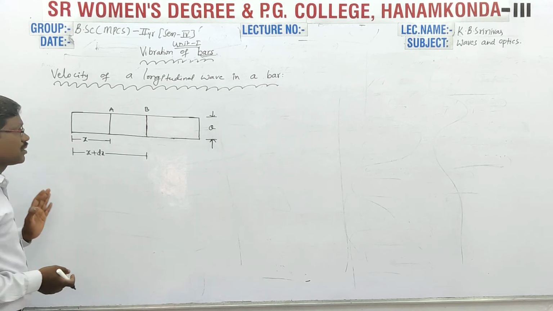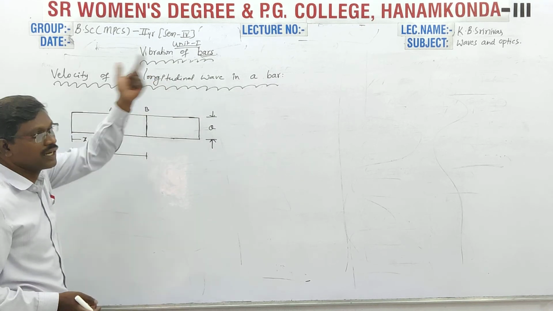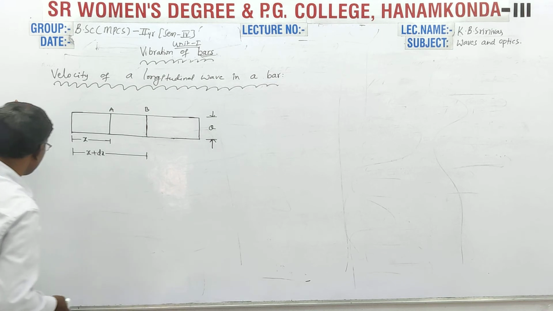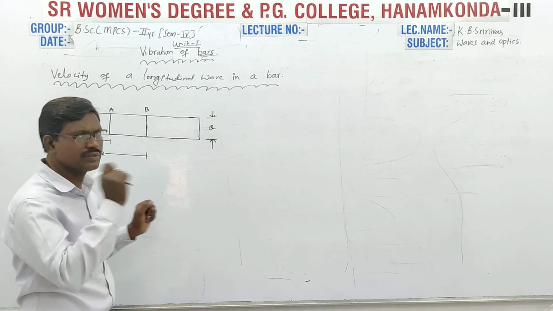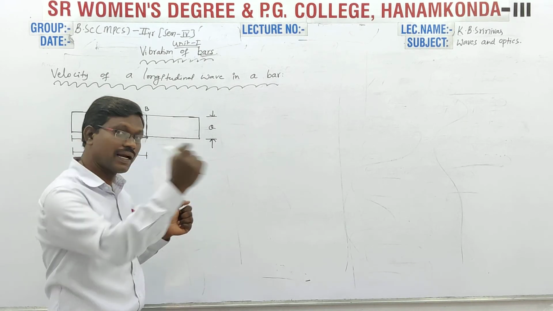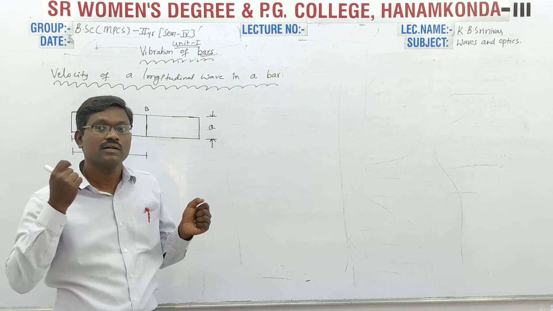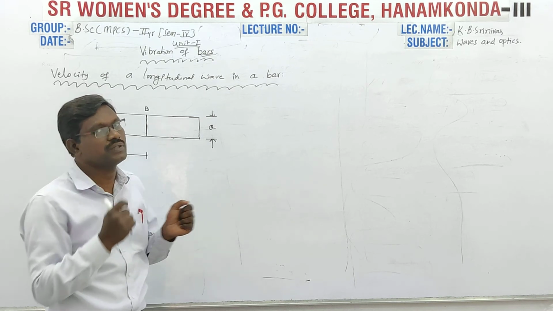Imagine this bar is executing longitudinal vibrations. What is longitudinal wave? When particles of the medium vibrate parallel to the direction of the propagation of the wave, that wave is known as what? Longitudinal wave.